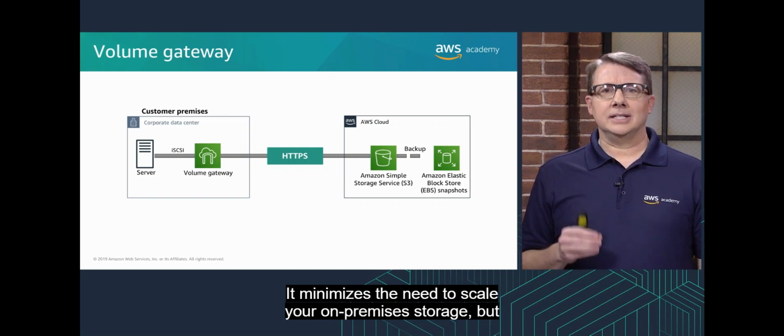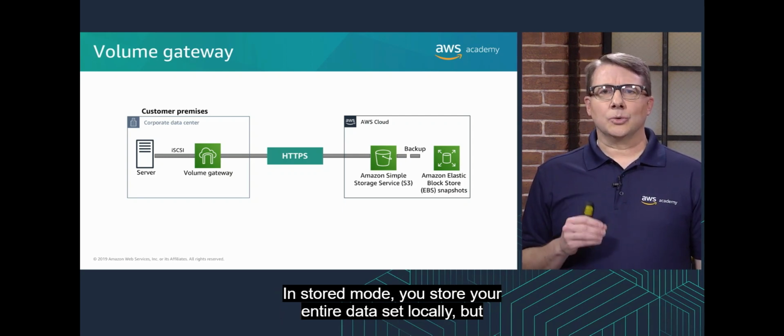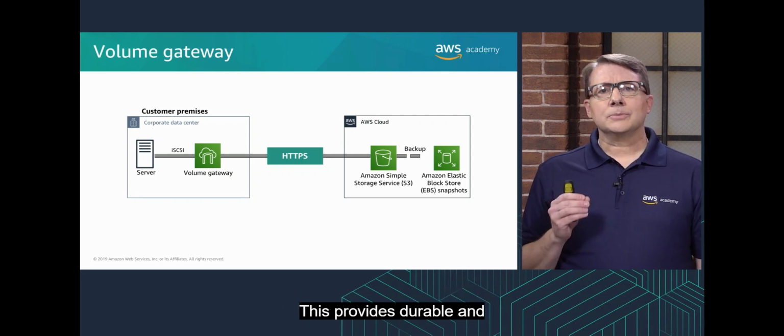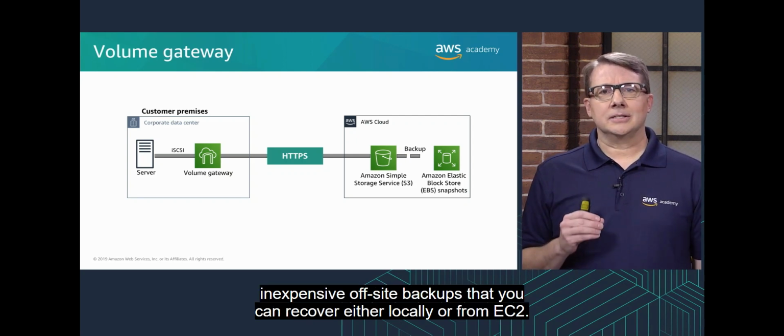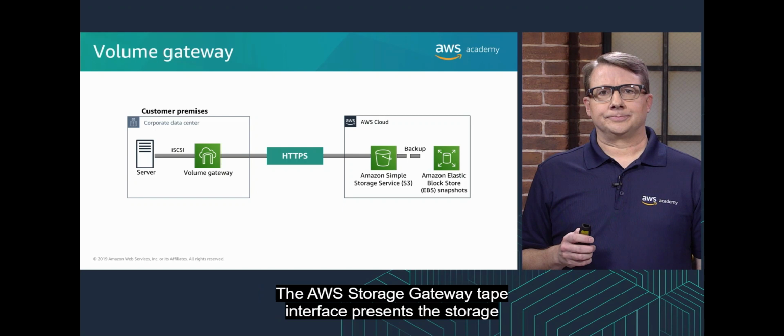It minimizes the need to scale your on-premises storage, but it also retains low latency access to your frequently accessed data. In stored mode, you store your entire data set locally, but you perform asynchronous backups of this data to S3. This provides durable and inexpensive off-site backups that you can recover either locally or from EC2.